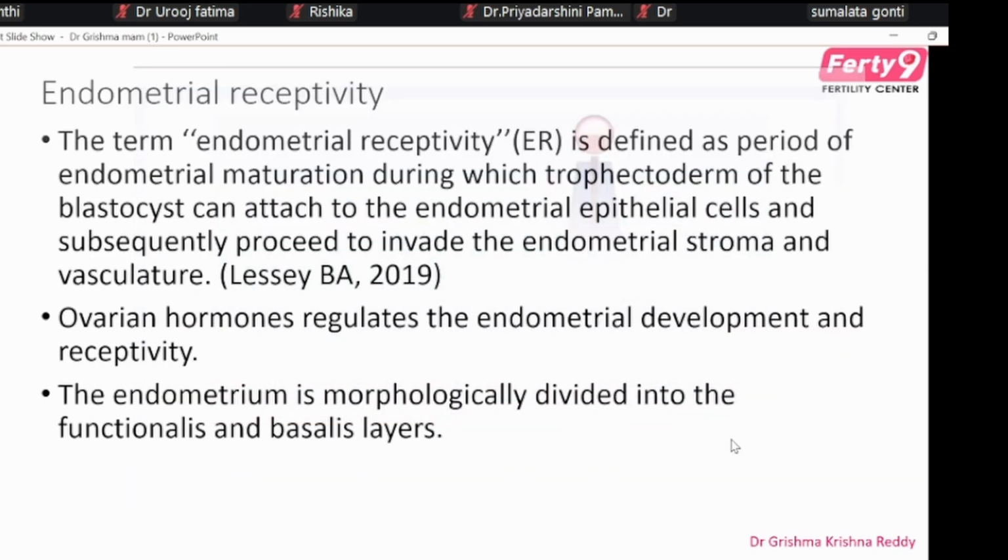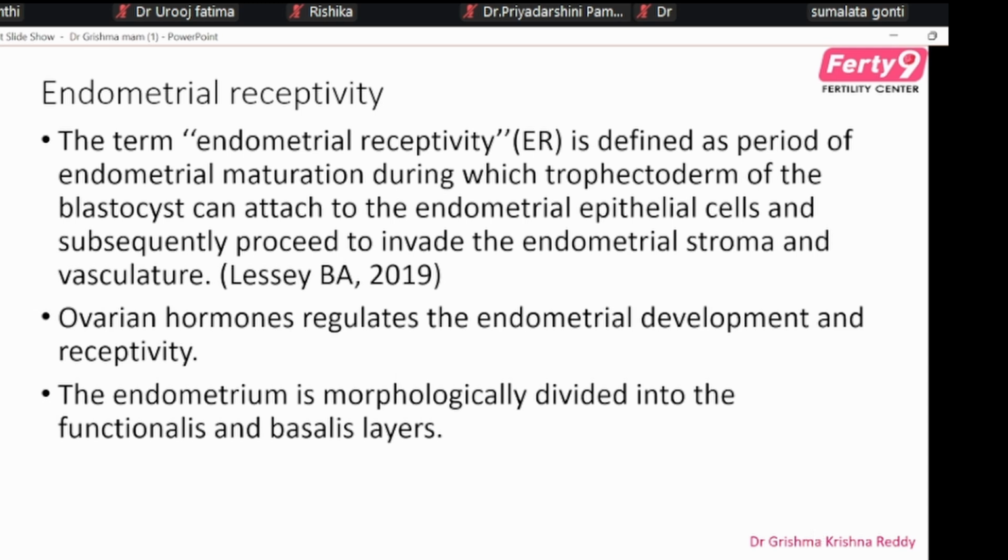So then, what is endometrial receptivity? It is defined as a period of endometrial maturation during which the trophectoderm of the blastocyst can attach to the endometrial epithelial cells and subsequently proceed to invade the stroma and vasculature. Ovarian hormones regulate the development and receptivity.